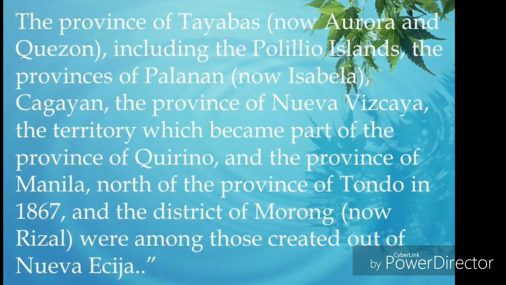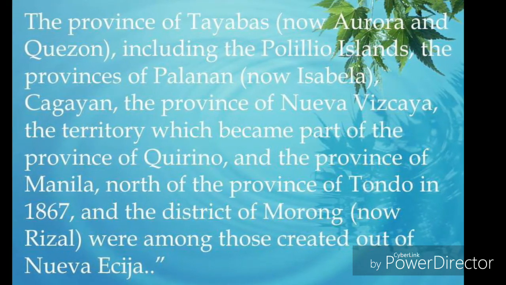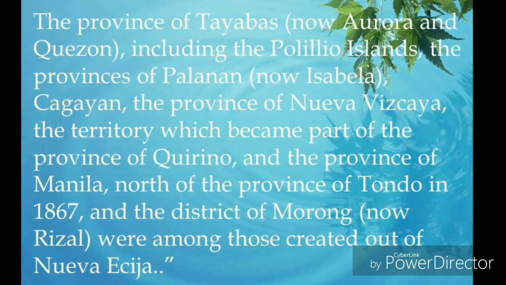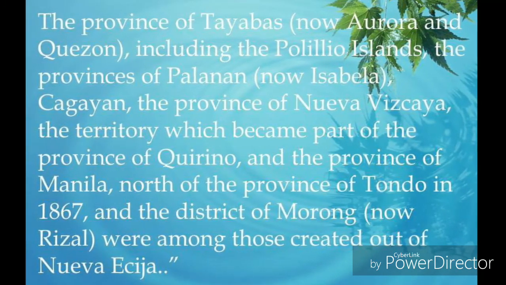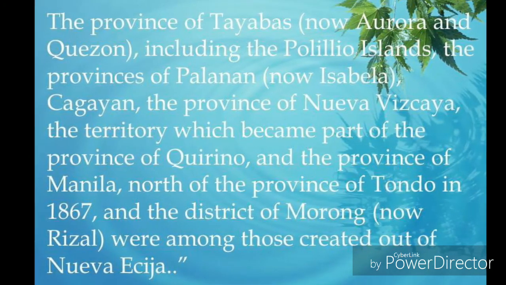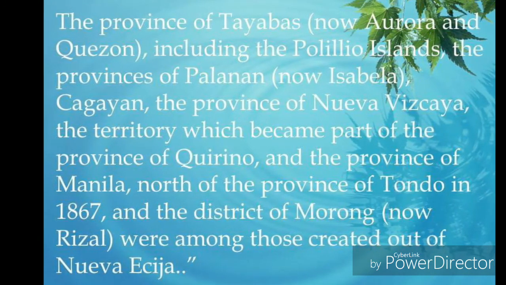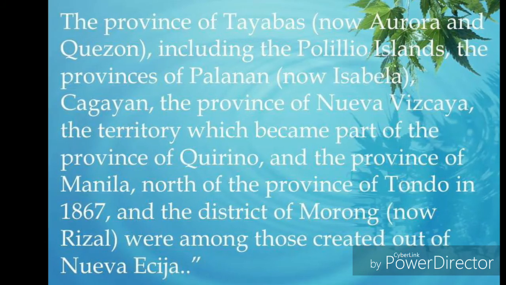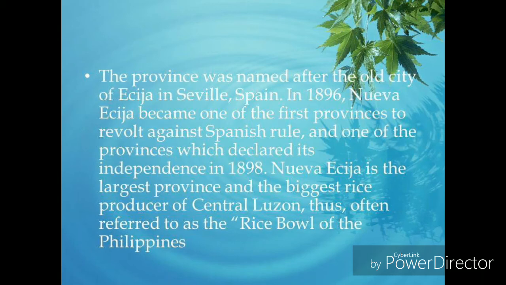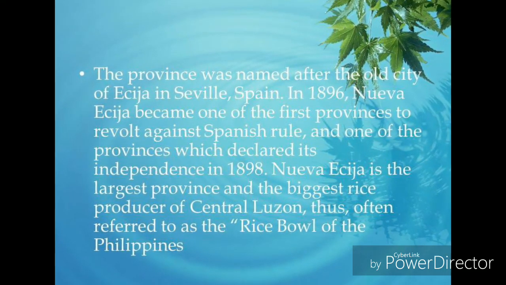The province of Tayabas, now Aurora and Quezon, including the Polillo Islands, the province of Palanan, now Isabela, Cagayan, the province of Nueva Vizcaya, the territory which became part of the province of Quirino, and the province of Manila, north of the province of Tondo in 1867, and the district of Morong, now Rizal, were among those created out of Nueva Ecija. The province was named after the old city of Ecija in Seville, Spain.